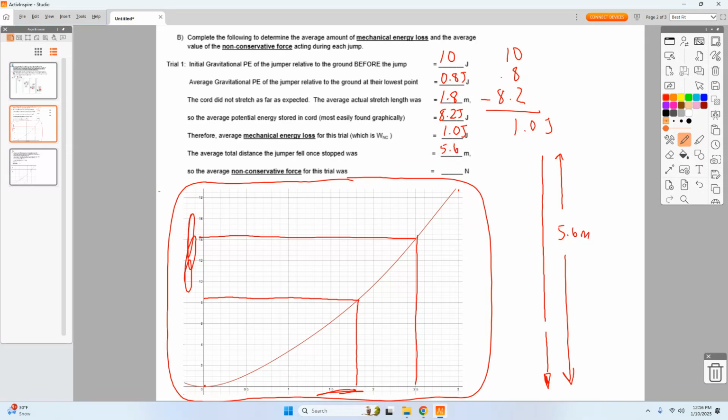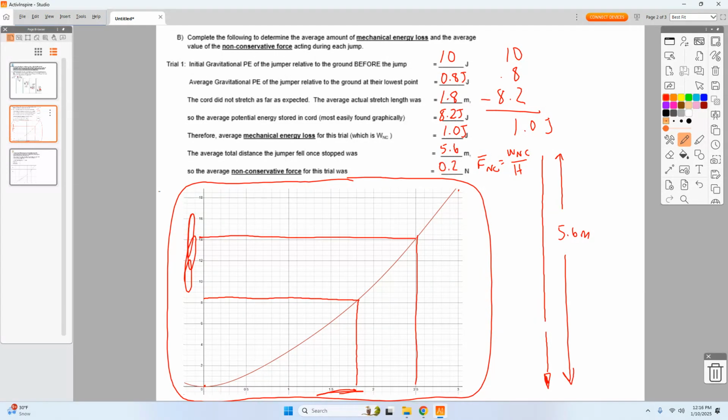And therefore, the average non-conservative force would just be the work done by that divided by the distance. In this case, that would be the drop height that they experienced. I take that 1 divided by 5.6, and that value is about 0.2.